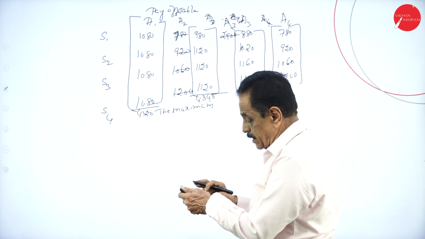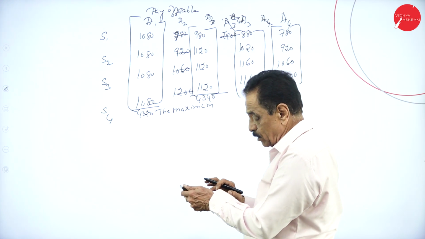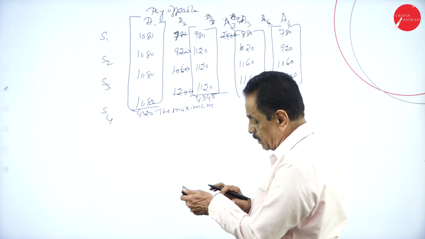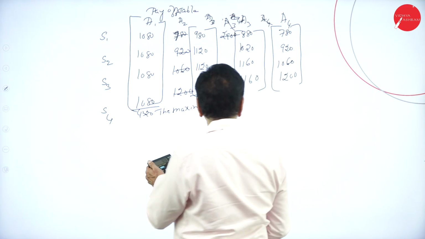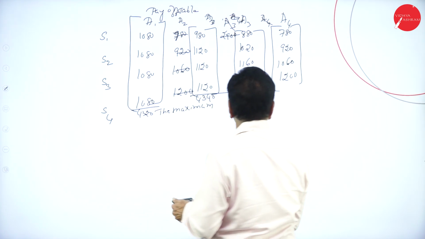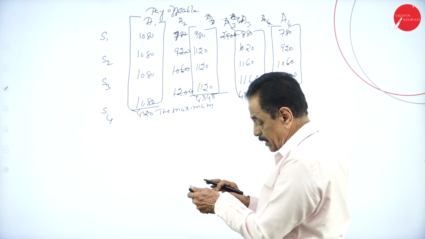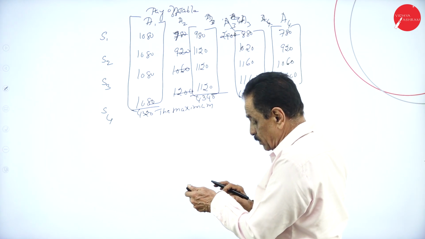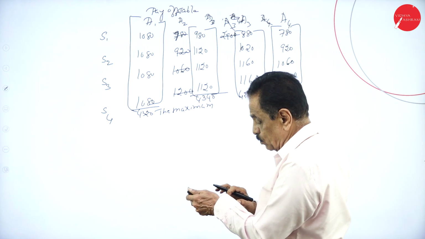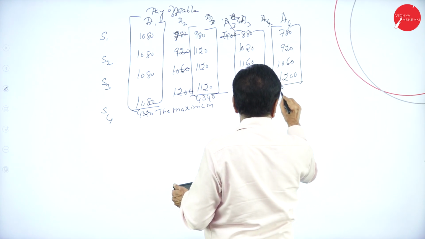So 880 plus 1020 plus 1160 plus 1160, 4220. Then 780 plus 920 plus 1060 plus 1200, 3960.